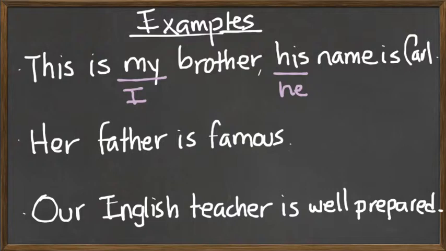In the second example, her father is famous. We have one possessive adjective, her. And we use her because we're talking about she. We are talking about a girl in this sentence. In example number 3, our English teacher is well prepared.